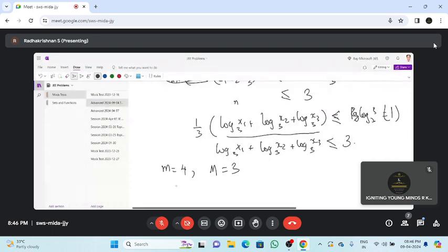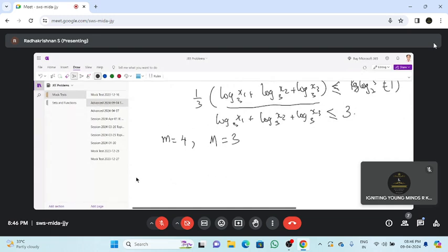So now evaluate that expression, log m cube. What do you get as the final answer?